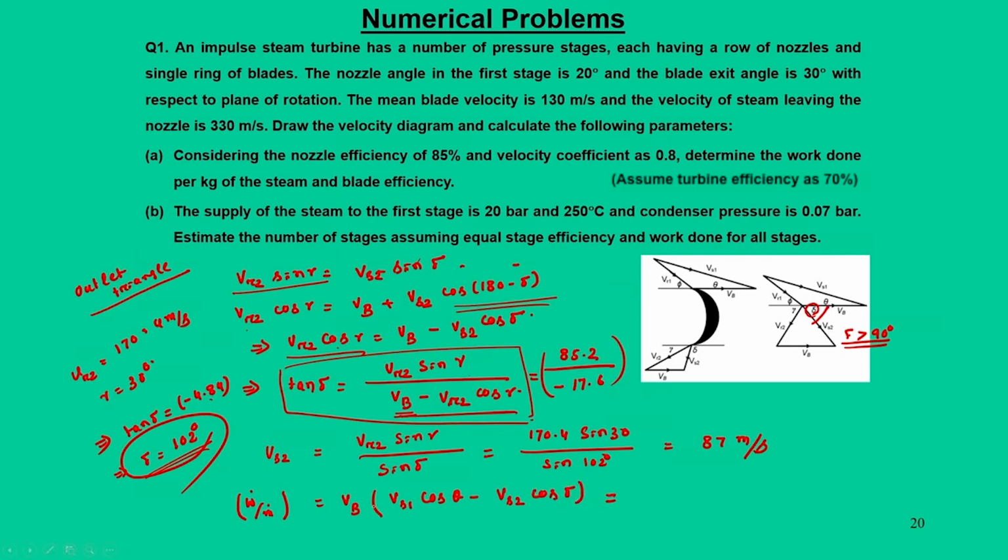So, by putting in the numbers we say 130 into 330 cos 20 minus 87 cos 102 degree. So, this cos 102 degree is a negative term. So, this will add, that is 3110 plus 18.